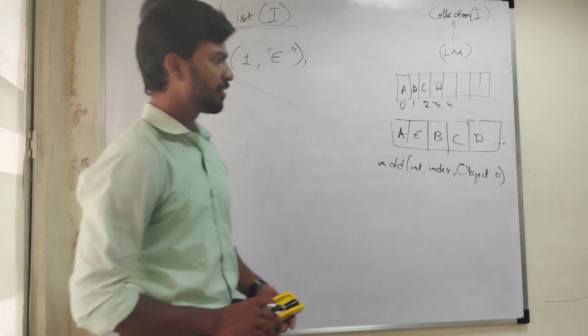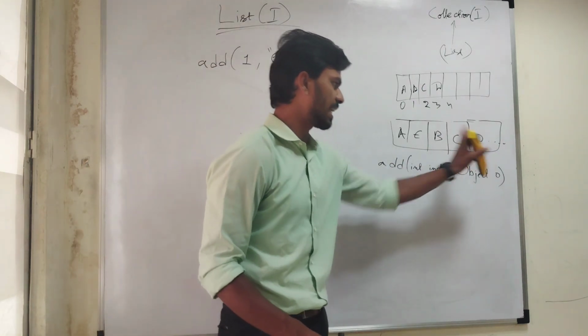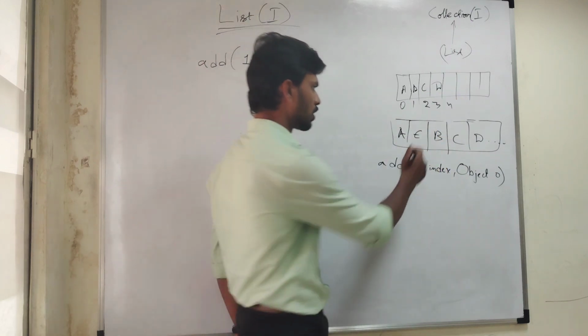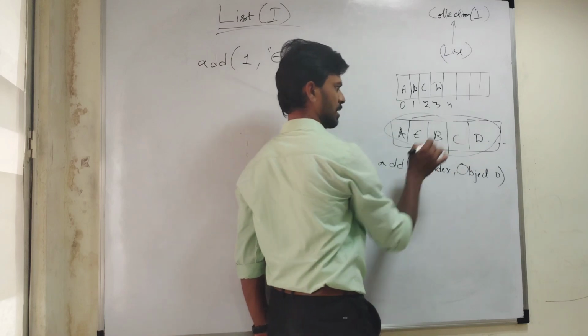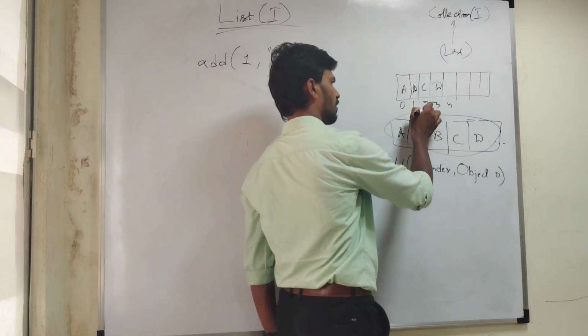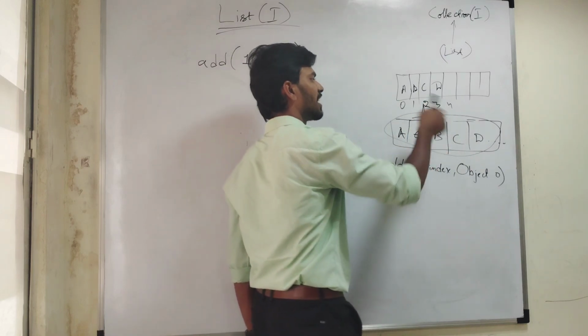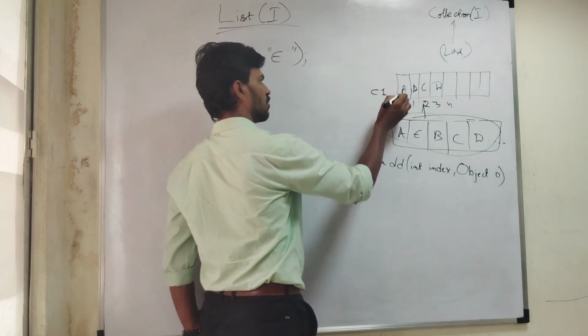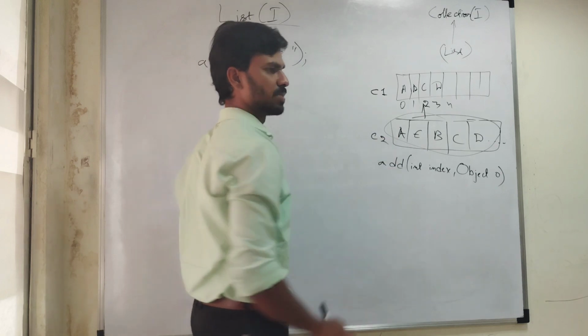And at the same time, if I want to insert all the elements of a collection in between any of the elements, now I want to insert all these elements at the position after index number 1. Suppose this is the collection 1 object, this is the collection 2 object.